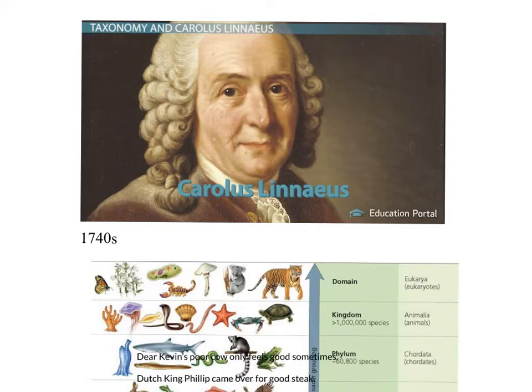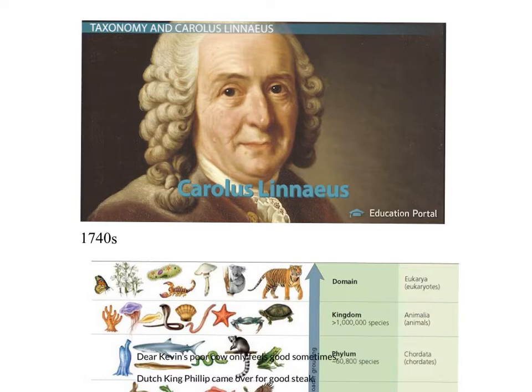So we got to talk about this guy right here, Carolus Linnaeus. He is Swedish, and back in the 1740s, he came up with a system called taxonomy. And taxonomy is a classification system in order to categorize plants and animals.